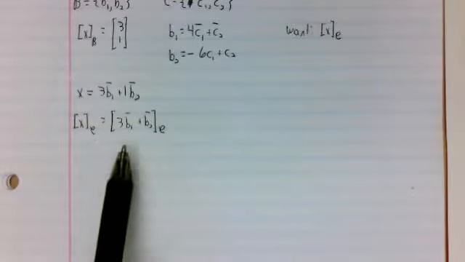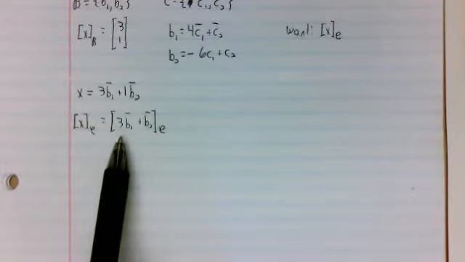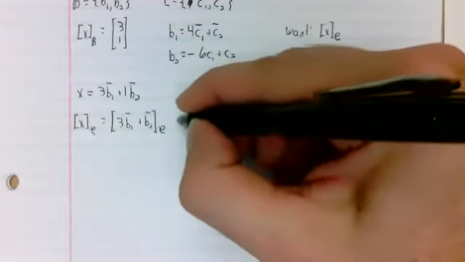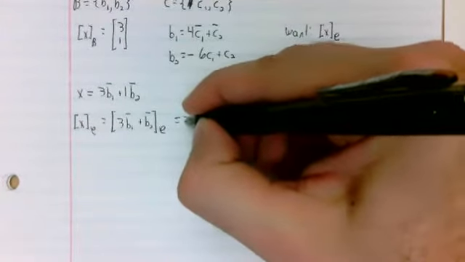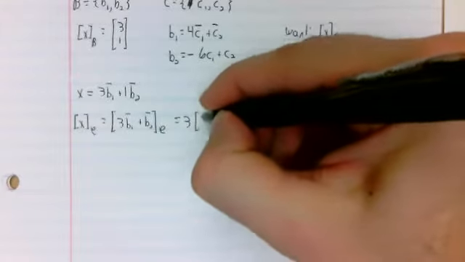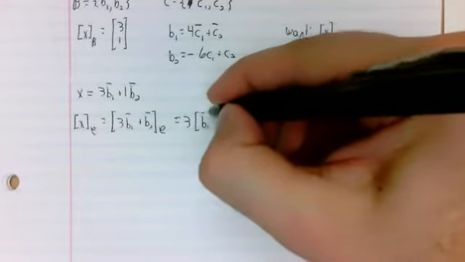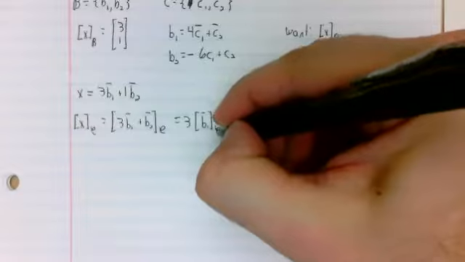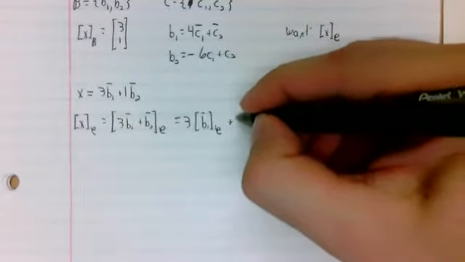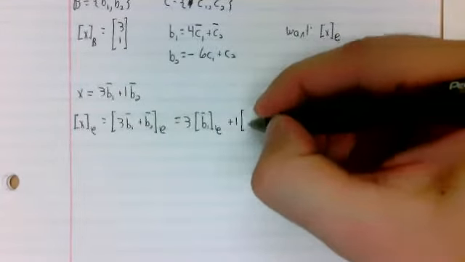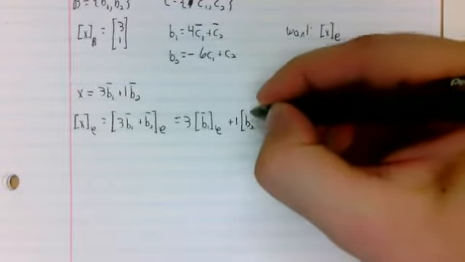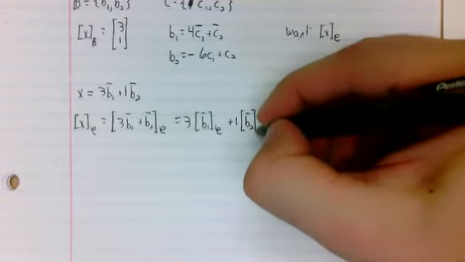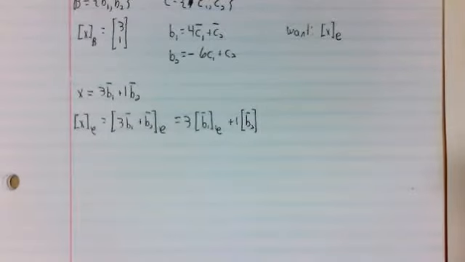On the right-hand side, we can use linearity to break this apart as 3 times this plus 1 times that.